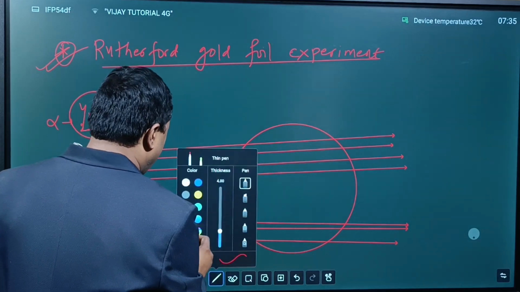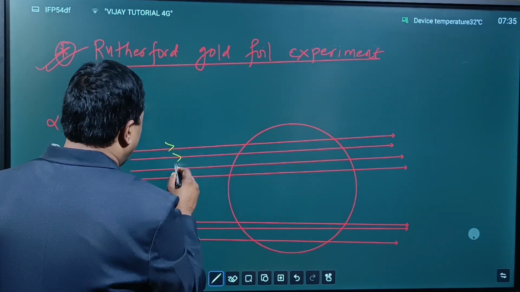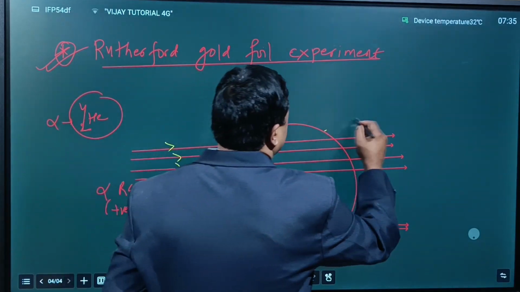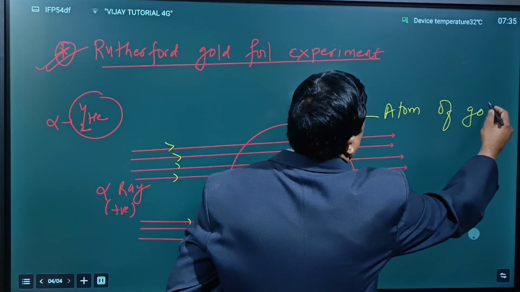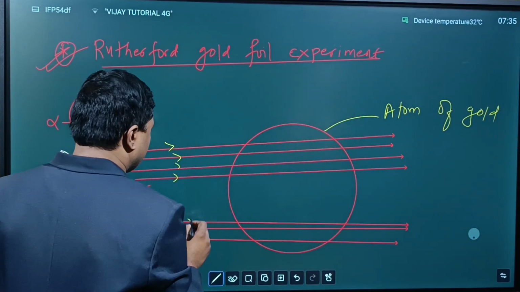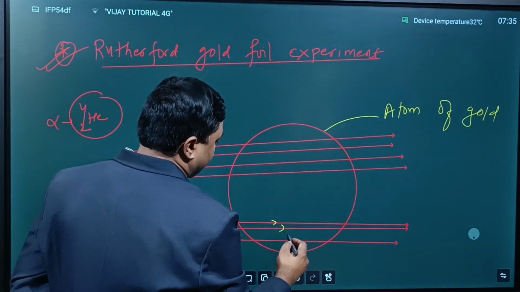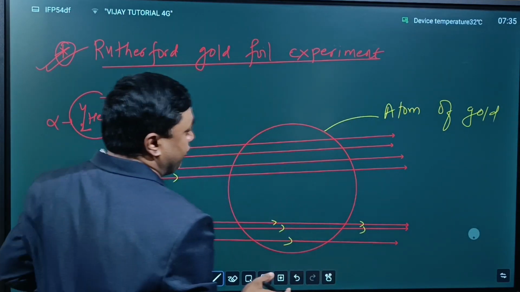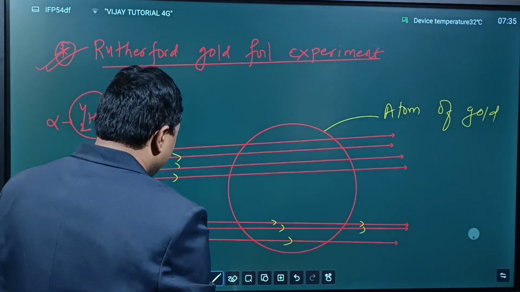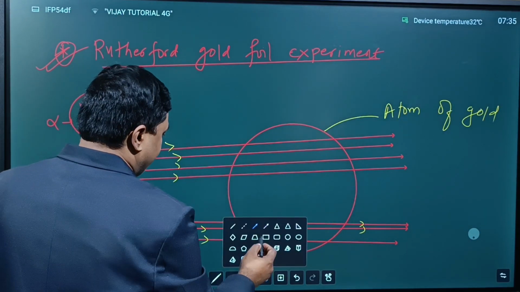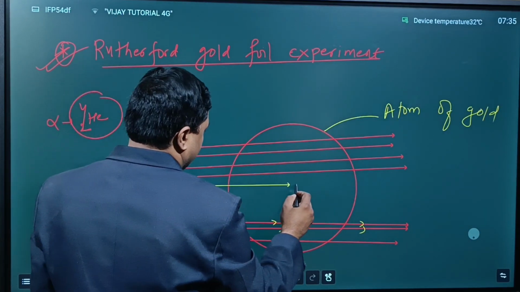So when he passed millions of alpha rays through the atom of gold, this sphere is nothing but an atom of gold. I am showing with one atom of gold. What he noticed, most of the alpha rays passed through the foil without any deflection. It went straight through the atom. A few rays were deflected by small angles.